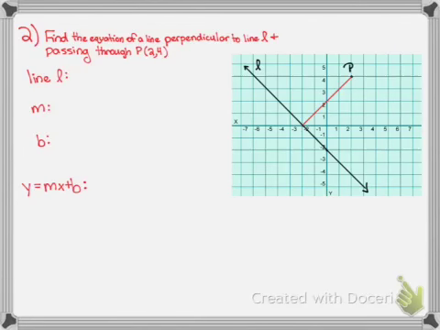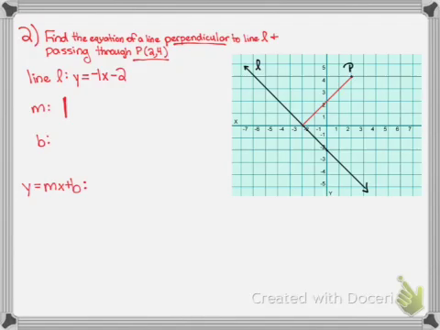Okay, in step 2, we want to find the equation of a line that is perpendicular to line L and passes through the point (2, 4). If you remember, the equation for line L was y equals negative x minus 2. So if the line is perpendicular to line L, that means that it has to have a slope of positive 1. Remember, to find the slope of a perpendicular line, you flip and change the sign. So now we just need to find the y-intercept. We're going to be using the point P, which is (2, 4).